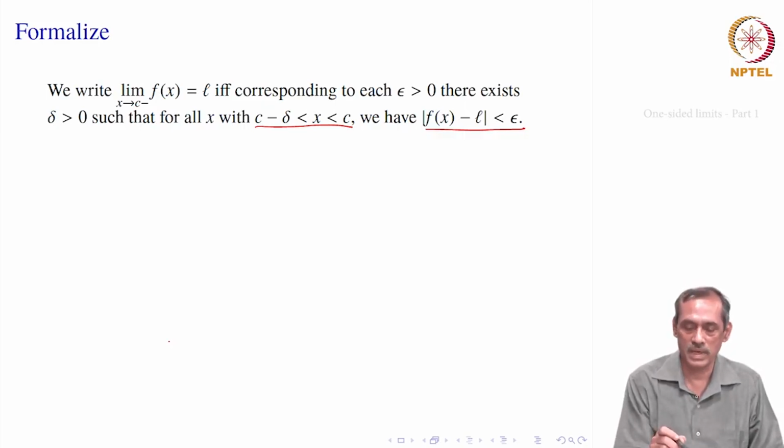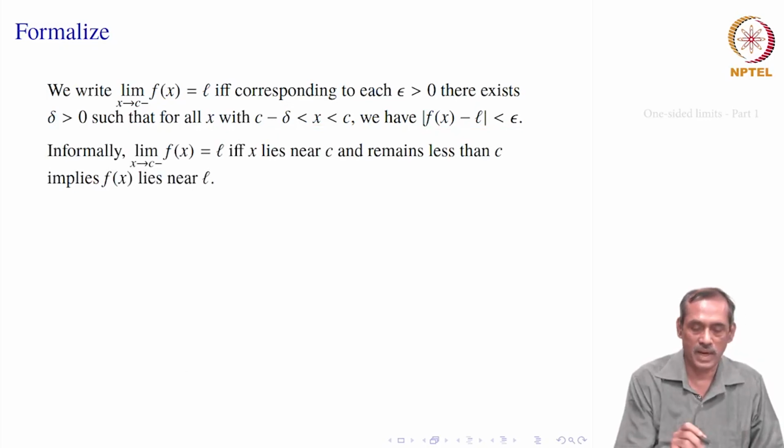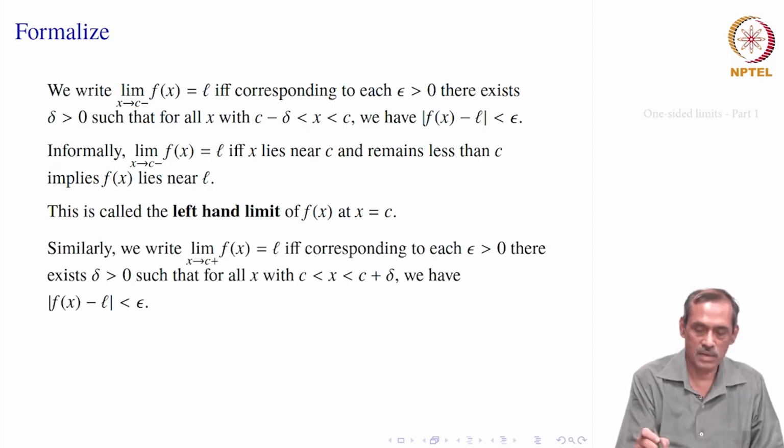Now, it is a one-sided limit. So, we are only concerned about points which are near c, not equal to c, and to the left of c. That is how you are taking. Similarly, you can define the right side limit also. The right side limit will consider the interval c to c plus delta.